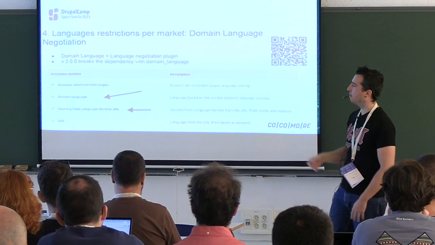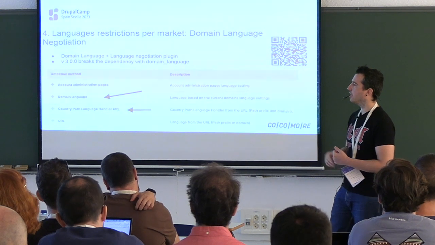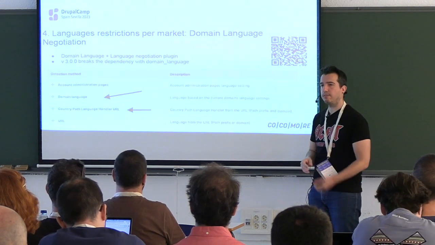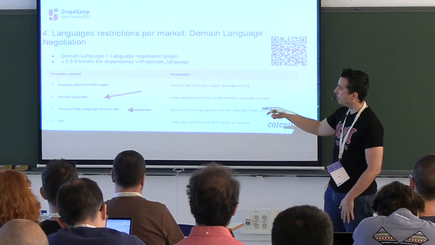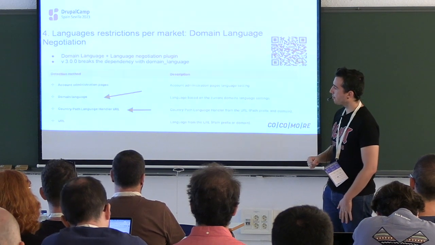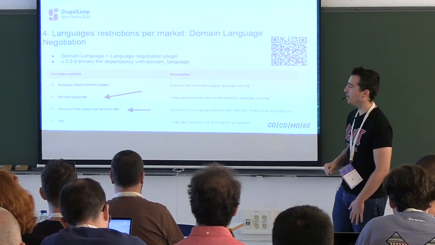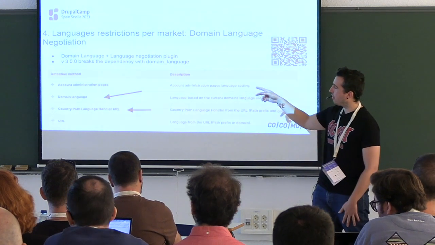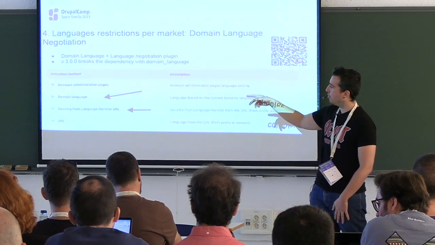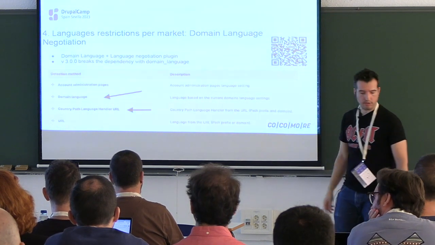Nowadays, from version 3.0 on, it's independent, so you don't have this dependency, and the only difference for you is that you also have a language negotiation plugin, domain language, and that's it. The important thing is that you put it in the right order. First goes the domain language, then the country, and finally the URL.